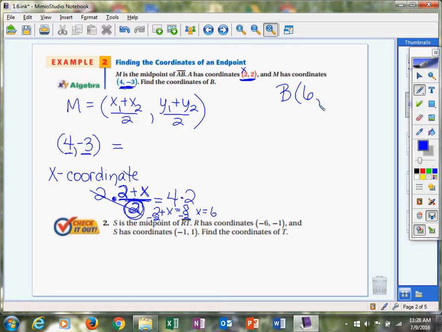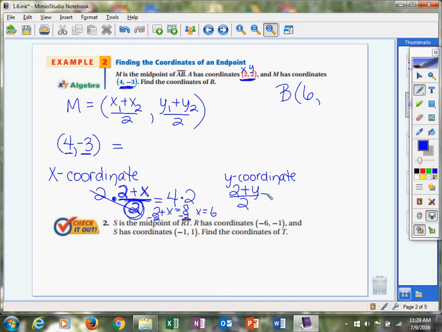I'm going to do the same thing for the y coordinate. Normally, if I had both pieces of information, I'd take the y of point A, which is 2, plus the y from point B, which I have no idea about.